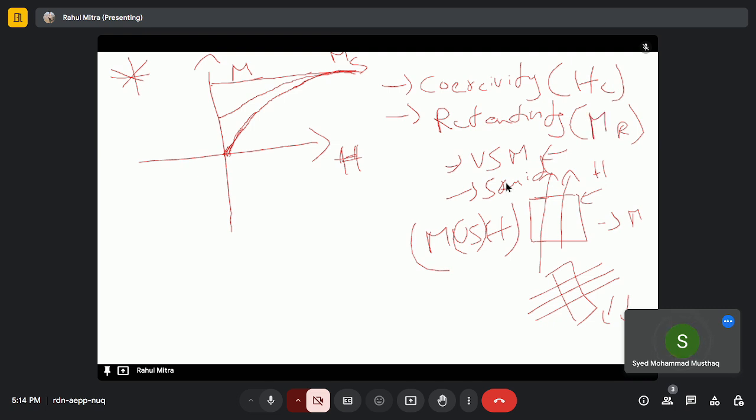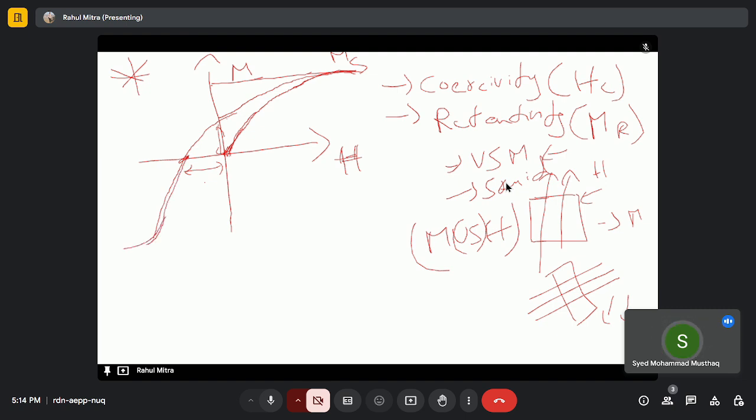Again, I keep on decreasing my H value, or rather it's just changing the direction of H. So that will go like this, and I reach a point where my M is 0, and that is my coercivity. What is coercivity? Coercivity is nothing but the amount of magnetic field, or reverse magnetic field, that is required to make the magnetization of any material 0.